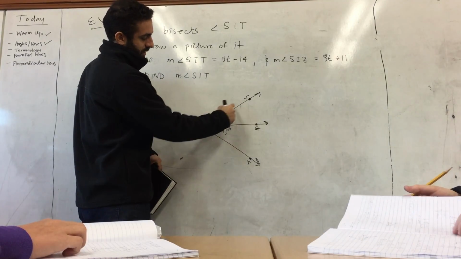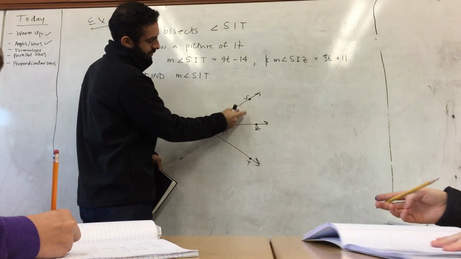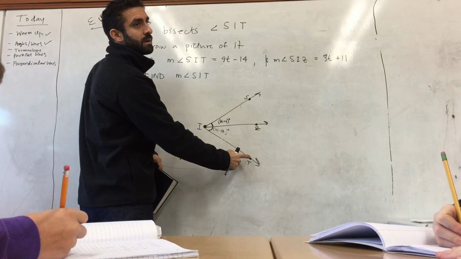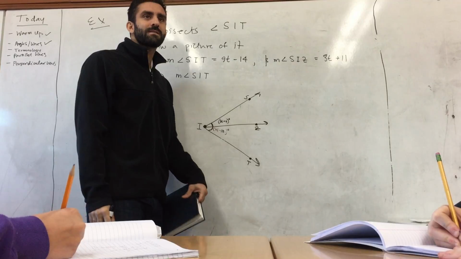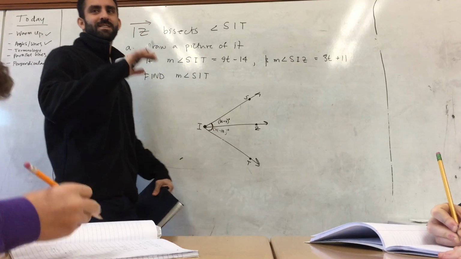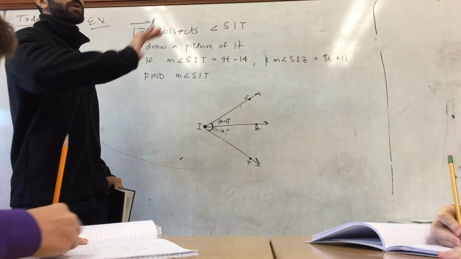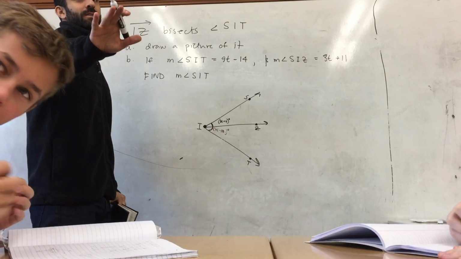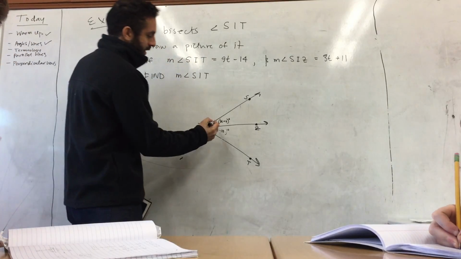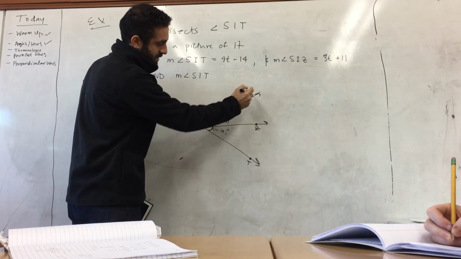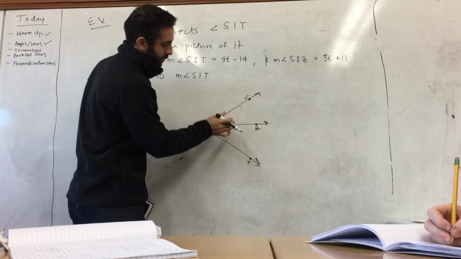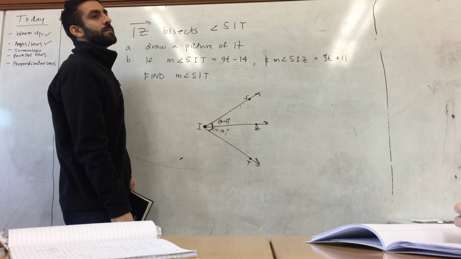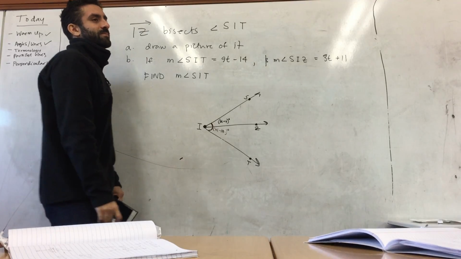This angle right here, SIZ, is it the same as ZIT? Okay, Jamara, if IZ bisects this SIT, what is the relationship between this angle and this angle?